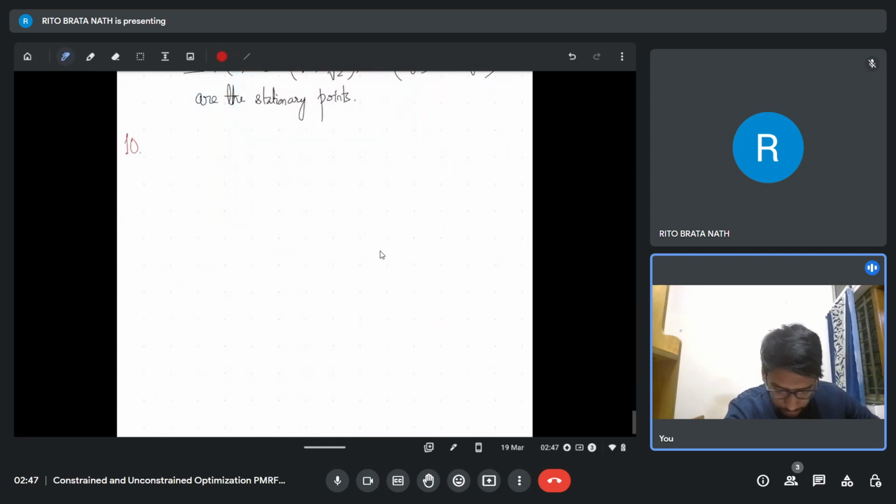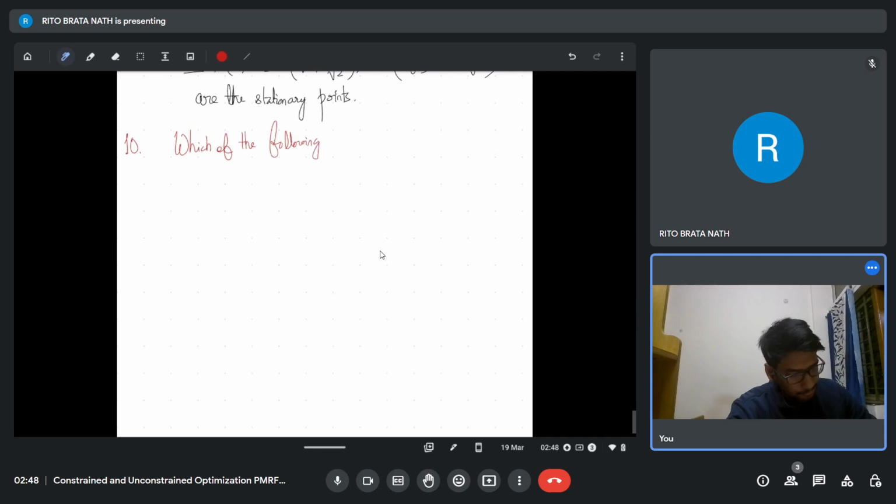The 10th problem asks which of the following is or are true about the function f(x, y) equals e to the power minus (x squared plus y squared). So let me write down the options.